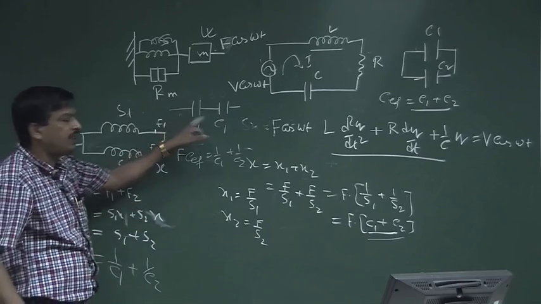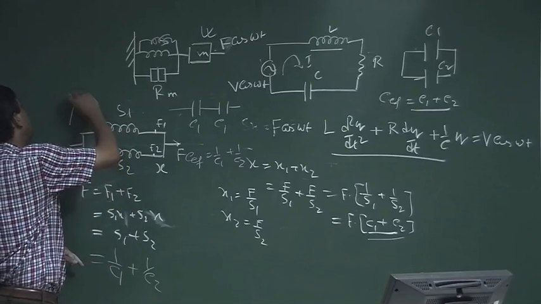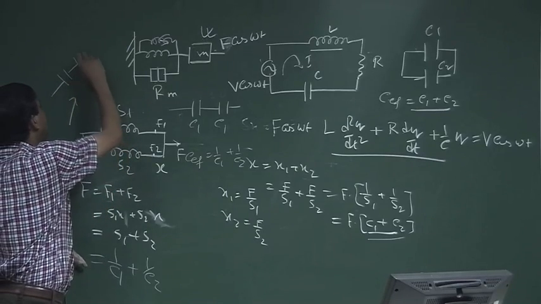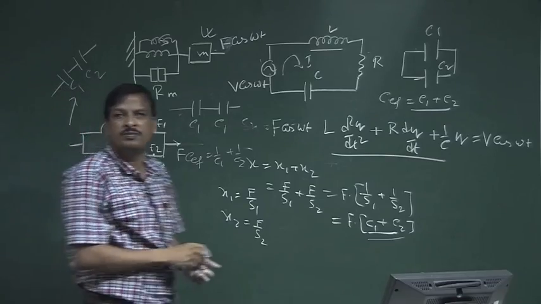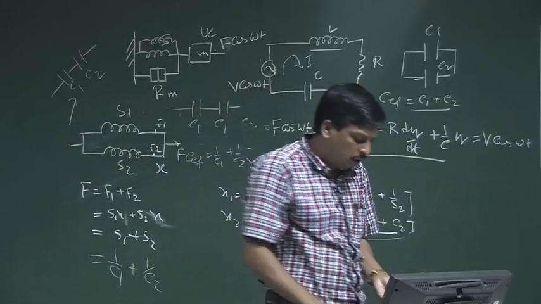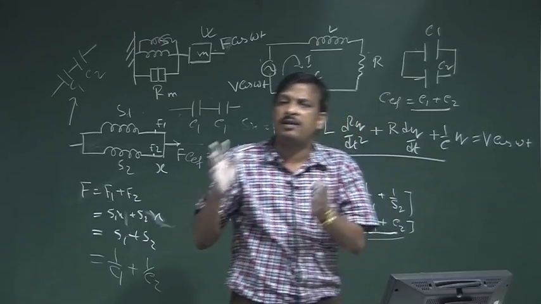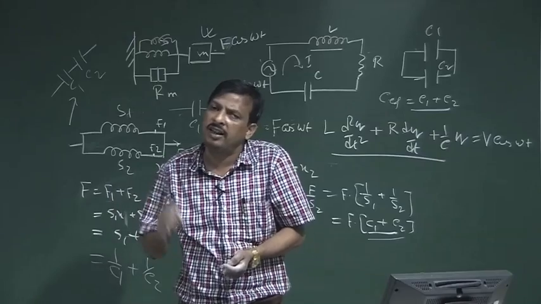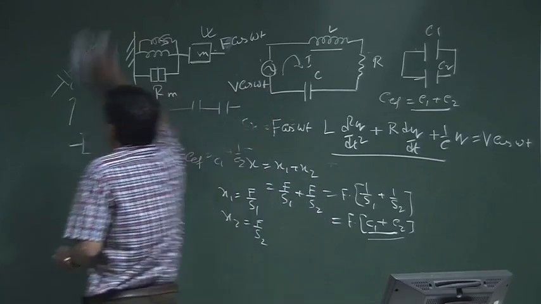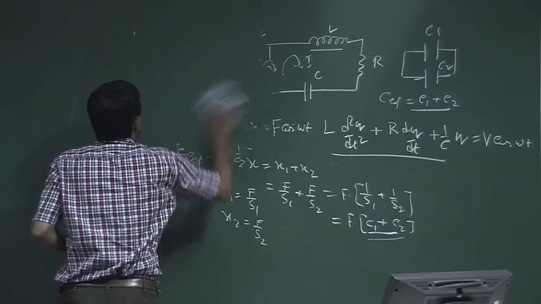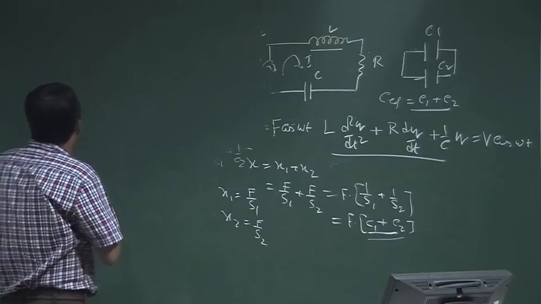So, if the two springs are in parallel, the equivalent circuit is two capacitances C1 and C2 in series. So, I can easily draw the electrical equivalent circuit for any mechanical circuit. If I have a mechanical circuit like this, let us do some exercise for that.